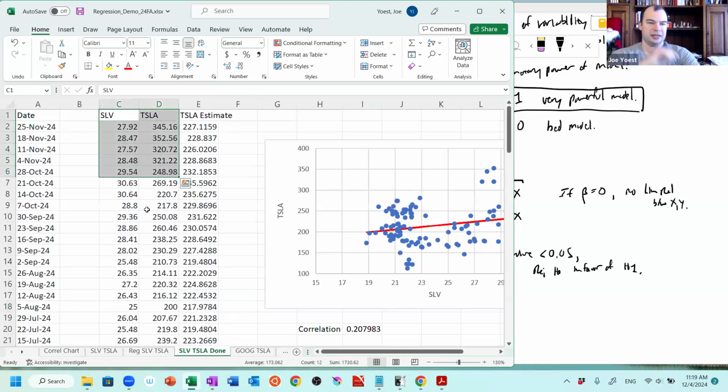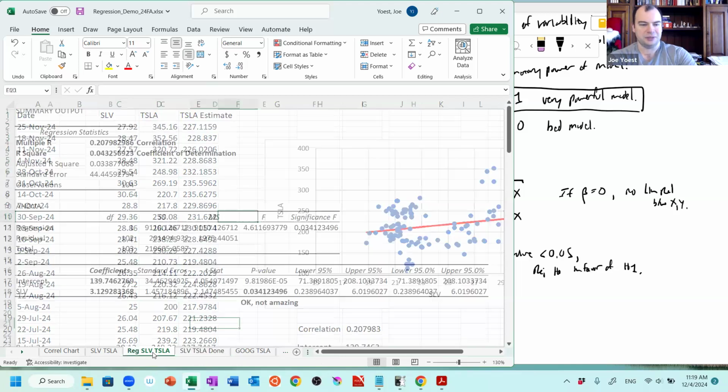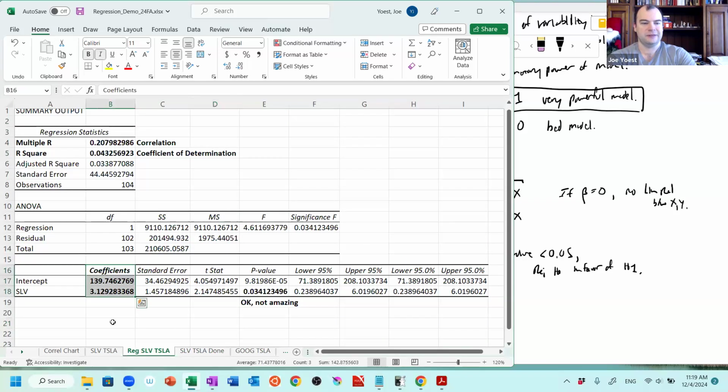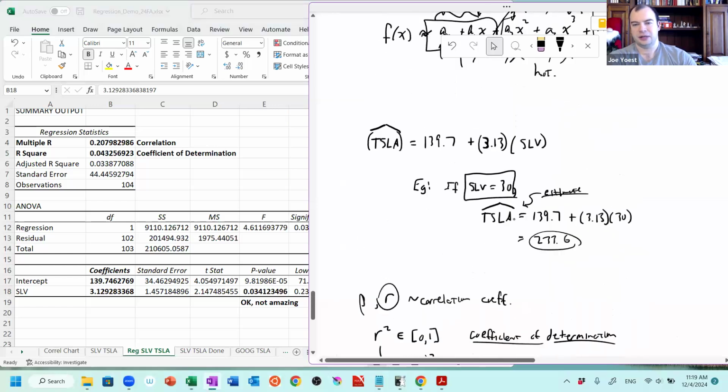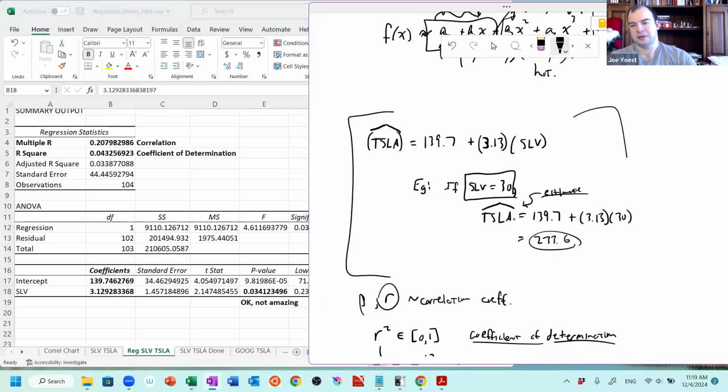So here's my Silver and Tesla actual data. But now I have a regression model. I have an intercept of 139.7 and a slope of 3.12. That was what I demonstrated up here. And I can say for a given silver number, what is my estimate for Tesla?